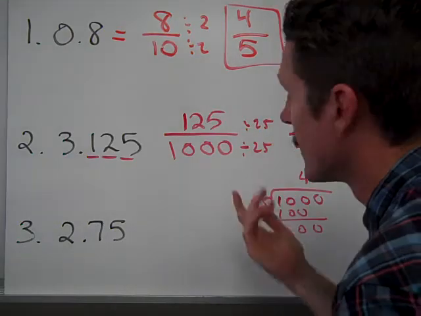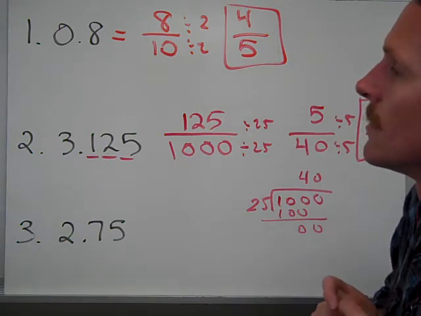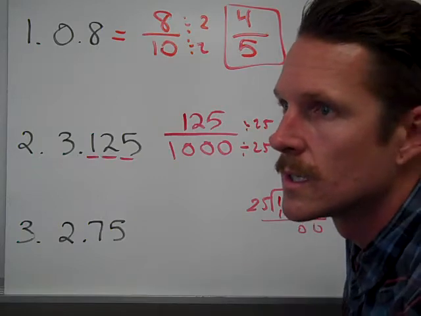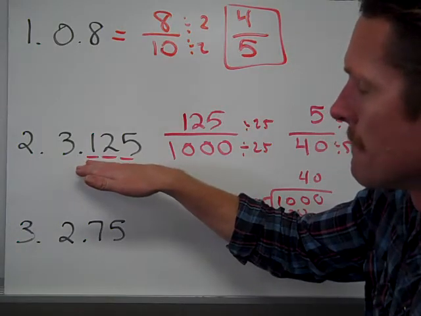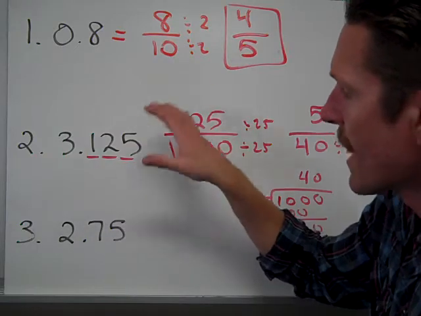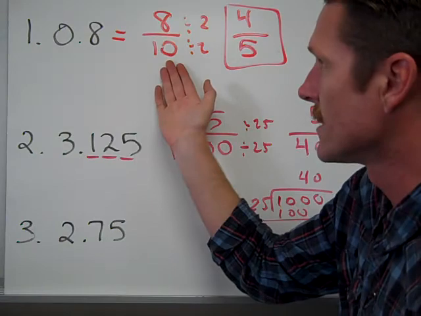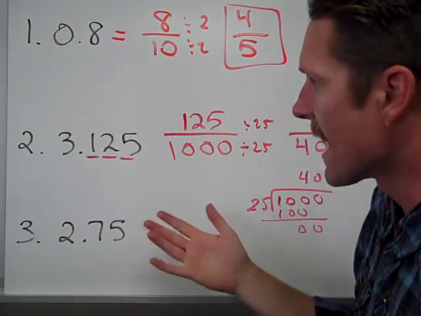Okay, so this should be familiar. This should be kind of like the lesson we did two lessons before this, where we were taking decimals and fractions and exchanging them back and forth, making these into fractions like this, and then taking fractions and making them into decimals. Same kind of idea here.